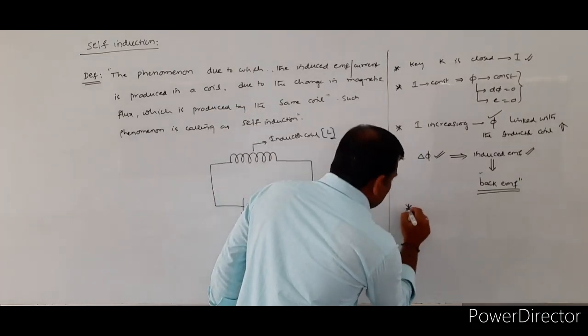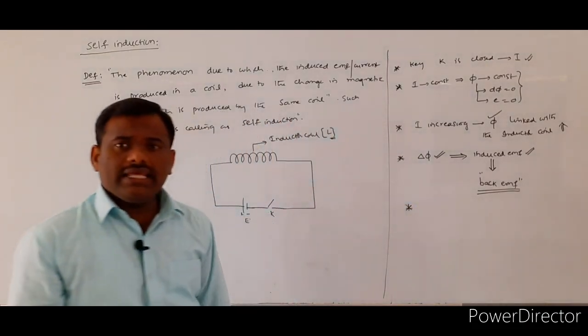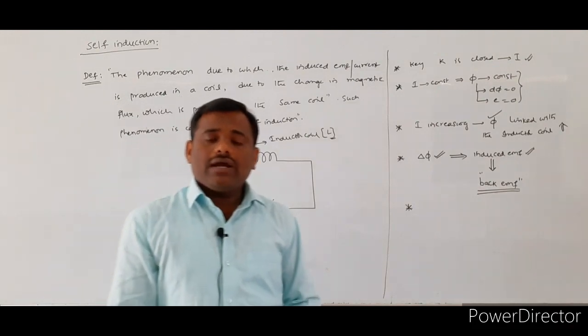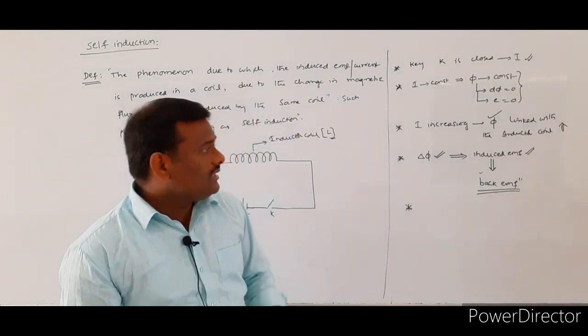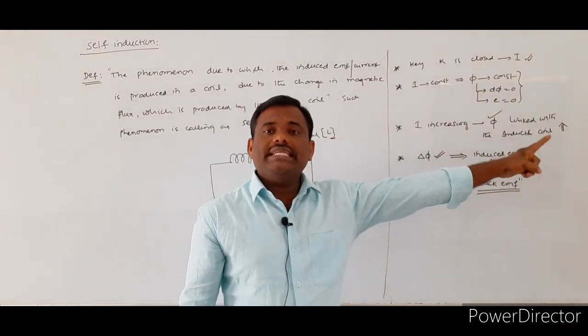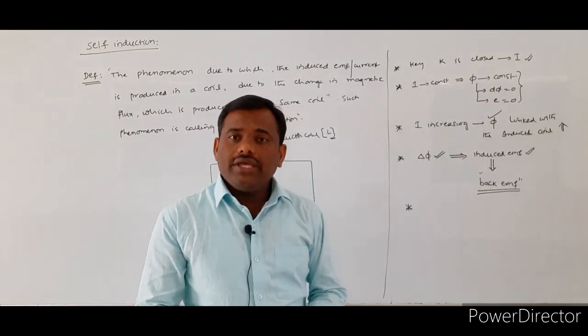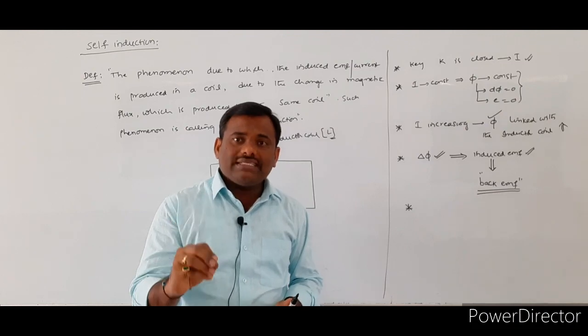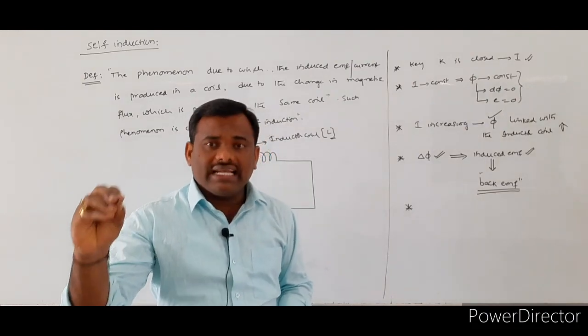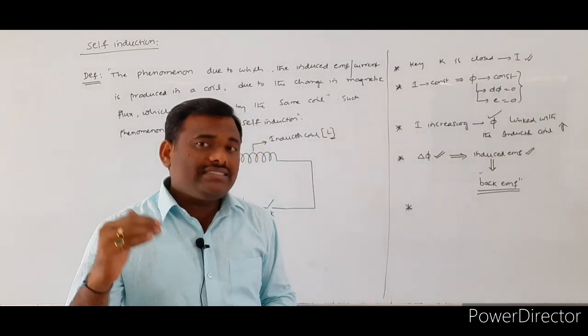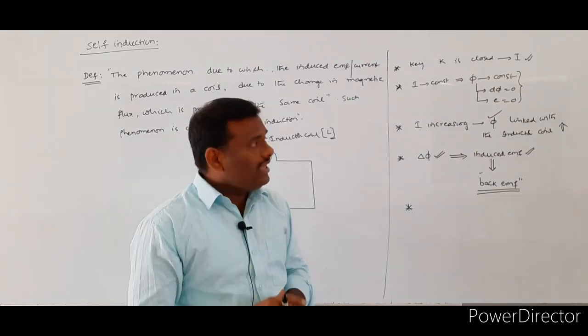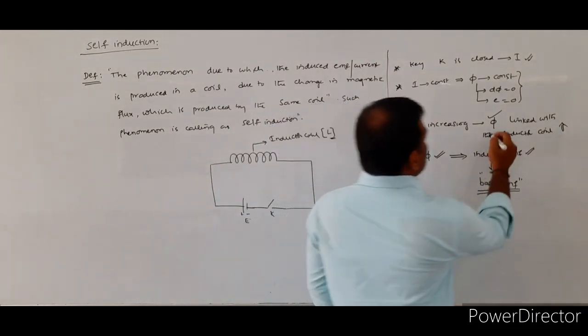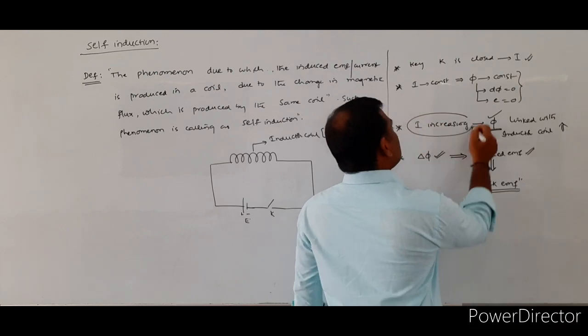Why are we calling this EMF a back EMF? What is Lenz's law statement? According to Lenz's law, the polarity of the induced EMF is always such that it opposes the change in external magnetic flux. Here, the external magnetic flux is produced by whom? The current.